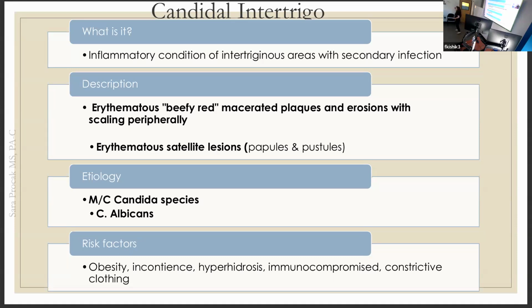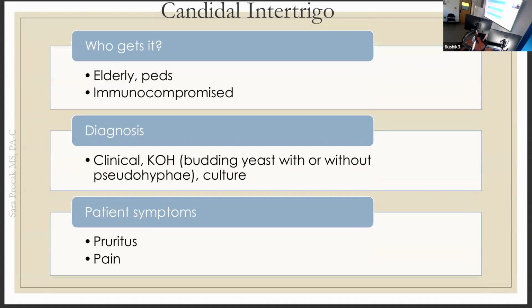Who might be wearing diapers, and they end up getting a rash, the Candida intertrigo, because of the incontinence, the waste product, they're basically going to wear down the skin. It's going to allow for the Candida to get in. Make sense?